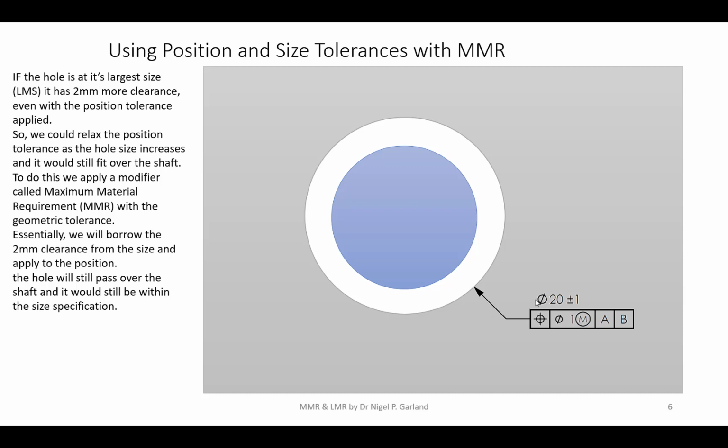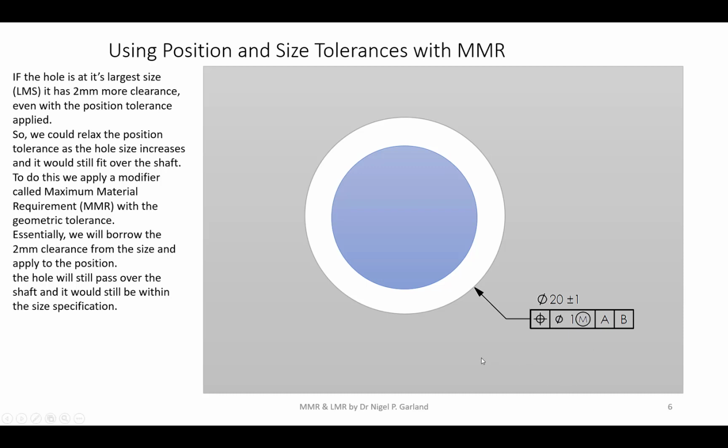It also means that as this size increases from 19 towards 21, we can borrow some of the tolerance on the size and apply it to the position. So essentially, when this gets up to 21, this position tolerance goes up to 3.